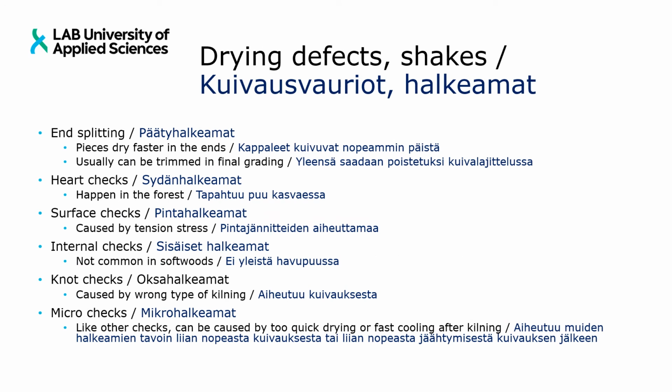Then we might also be getting end splitting. Usually, as you understand, the pieces dry faster in the ends than they would dry in the middle. But usually, these little and short end shakes are being trimmed in the final grading before the packaging. And they are usually only a few centimeters long.